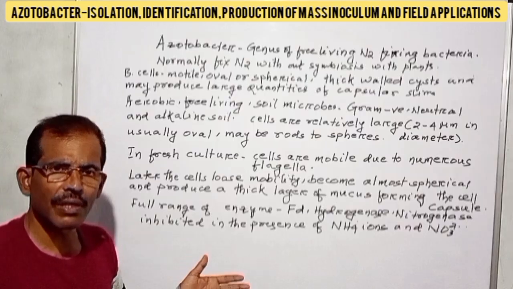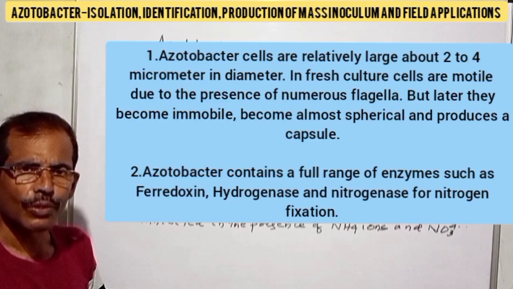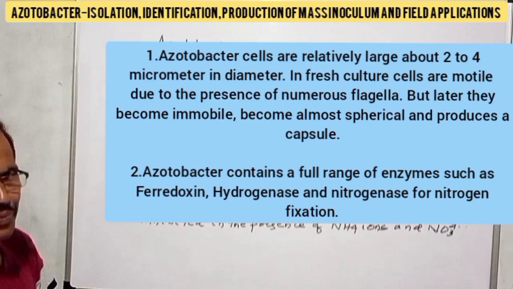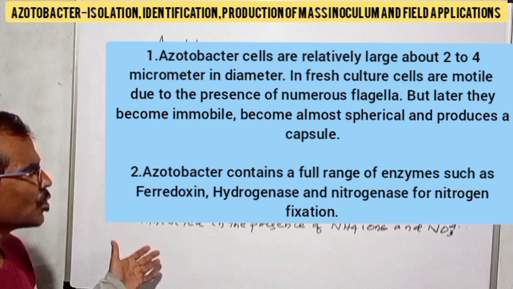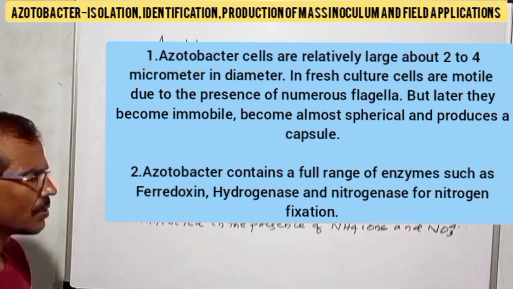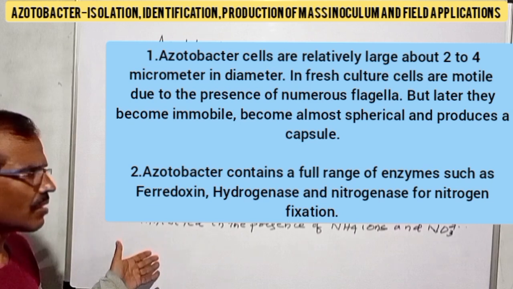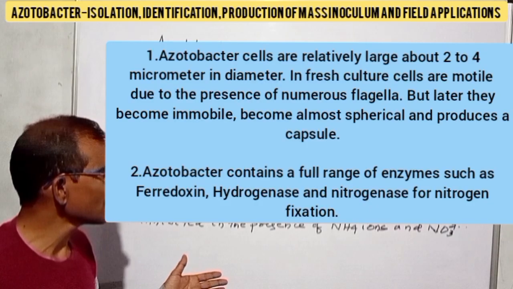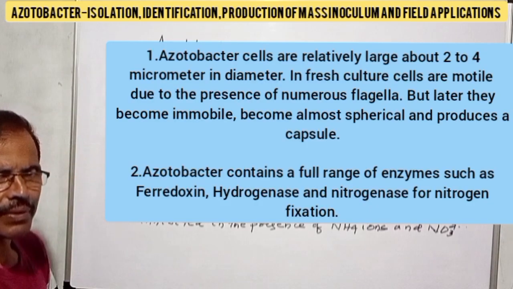Cells are relatively large, about 2 to 4 micrometer in diameter. Cells are usually oval but may take the shape of rods to spears. In fresh culture, the bacterial cells are motile due to the presence of numerous flagella.